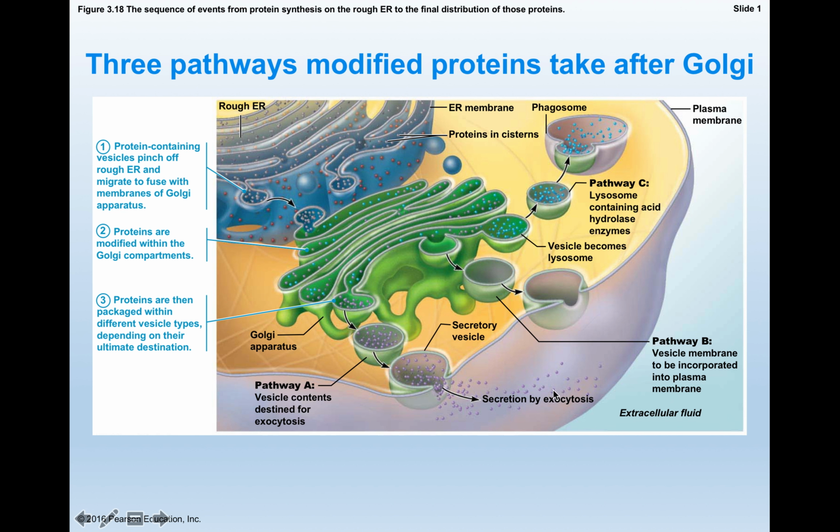So basically you secrete the molecules or proteins via exocytosis. The second option is that components are built into the plasma membrane and used as part of the plasma membrane. And the third option is that those proteins and components are in vesicles and used directly within the cell itself. So your options again: release them outside, embed them into the plasma membrane, or use them within the cytoplasm.